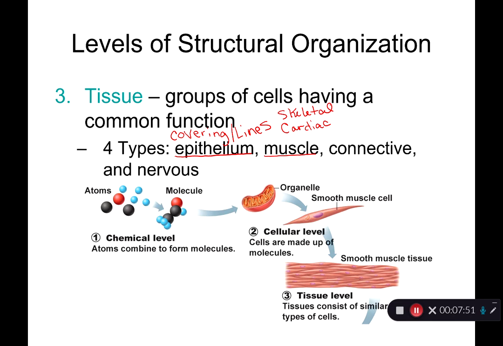So a great example would be, I want you to think about what you ate for breakfast this morning, right? If you had a bowl of Cheerios, you chew your Cheerios, these are all skeletal muscles helping you chew, and then you swallow, and then you don't think about it again until it comes out the other end, right?